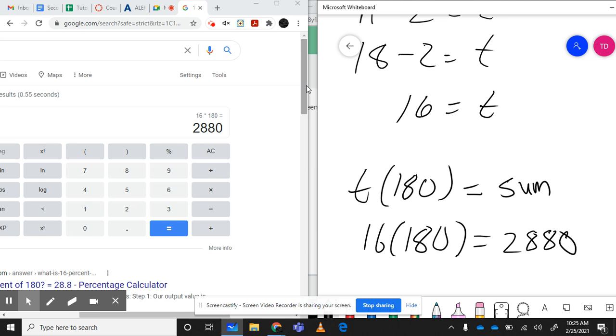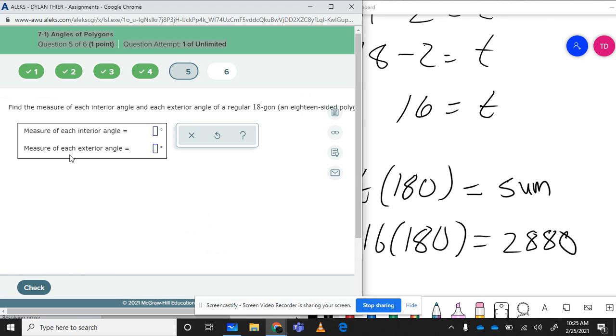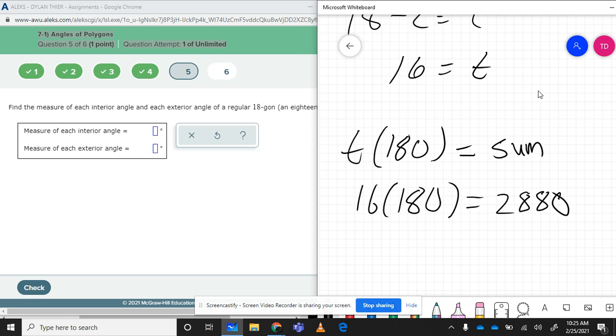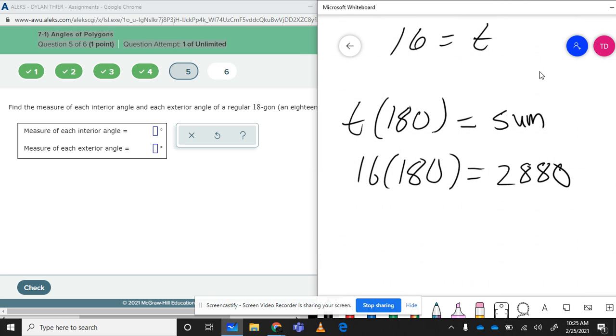Now, I don't think they asked me for the sum. Maybe they did, but yeah, measure of each interior angle. So, let's kind of build our way up. If we had 3 sides, then we have 3 interior angles. If we have 4 sides, we have 4 interior angles. So if we have 18 sides, we're expecting to have 18 interior angles.